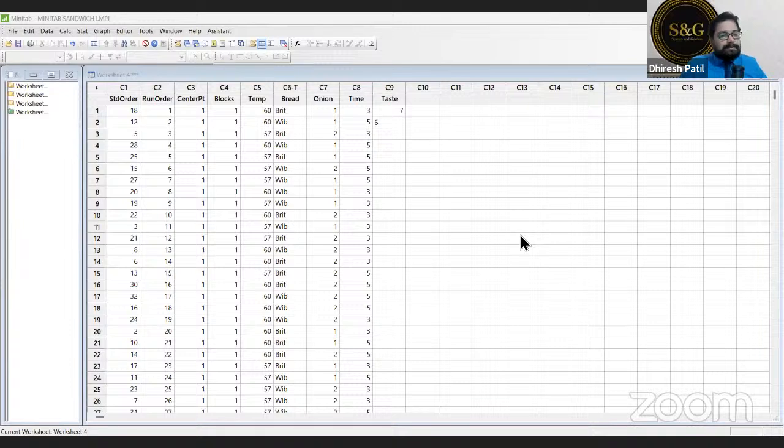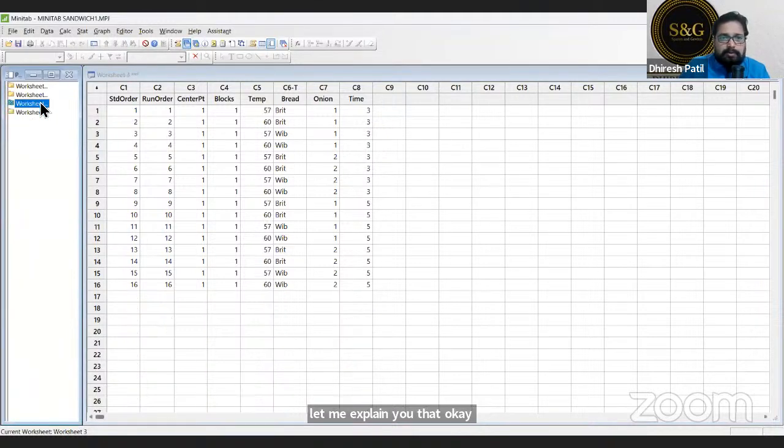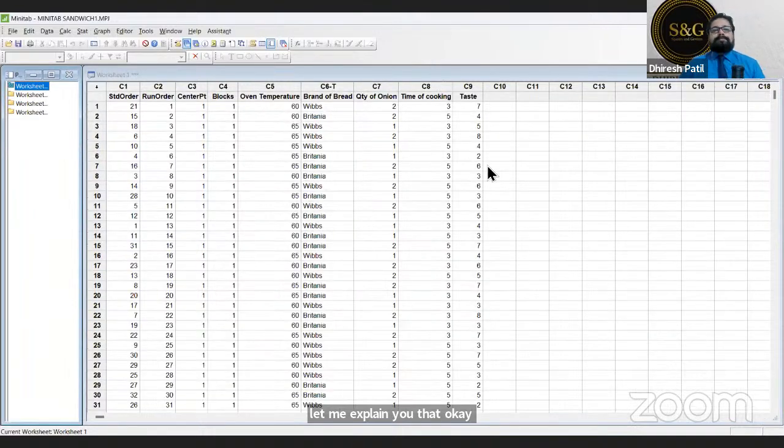Once you opened it, just type opened and let me explain that. All right. So this must be your file. Everybody have opened the file.